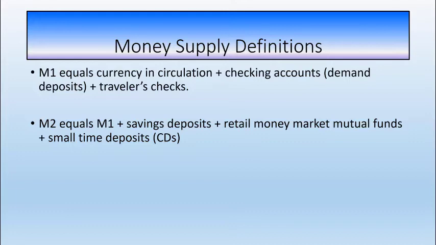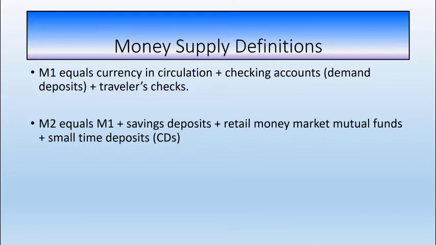We can compare and contrast what retail money market mutual funds are. But the word retail just means it's for individuals like you and I, as opposed to institutional money market funds. In other words, people like you and I make deposits in these money market mutual funds, and we earn a small rate of return, but better than what you'd typically get out of a checking account.